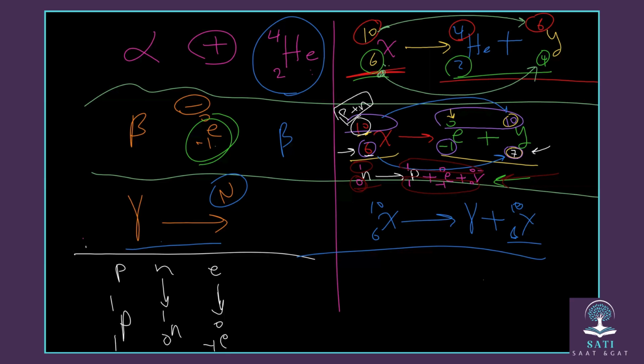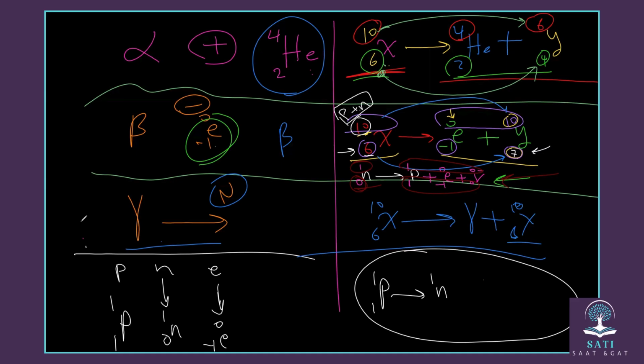And we understand here that a neutron can be changed into a proton, and in this case, it will emit beta. Just one more note: as a neutron can be changed into a proton, the proton can also be changed into a neutron. The proton, which is 1, 1, can be changed into a neutron, which is 1 atomic mass and 0 atomic number.